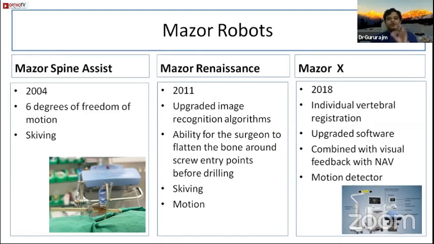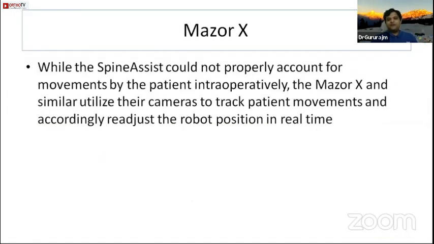It also had a motion detector. Whenever a patient moved, it will prompt you, and the robot itself adjusts to the new position. Because of that, most of the errors in the previous robots were obviated by using the Mazor X. This is the one which we have at our institute now.